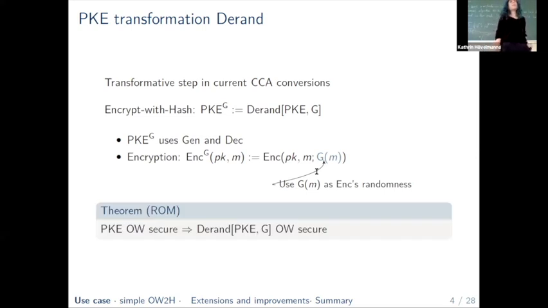And in the random oracle model, there's a theorem that states that if the underlying encryption scheme is one-way secure, meaning it's hard to invert ciphertexts, then the resulting scheme is also one-way secure.